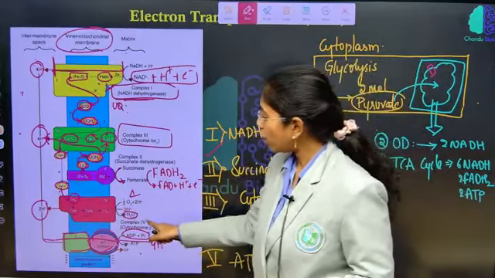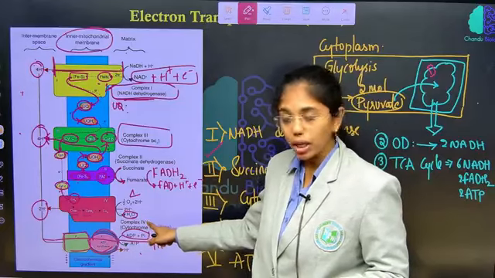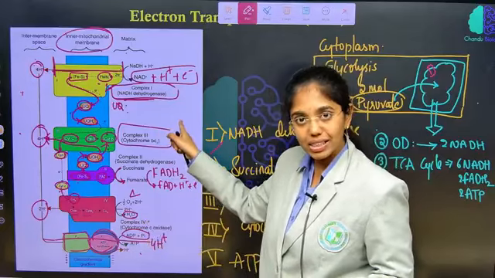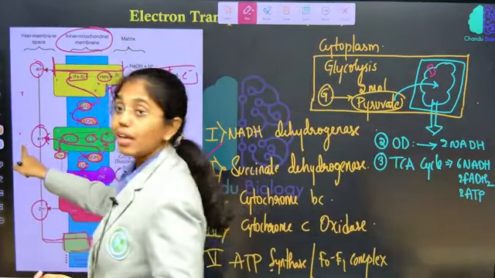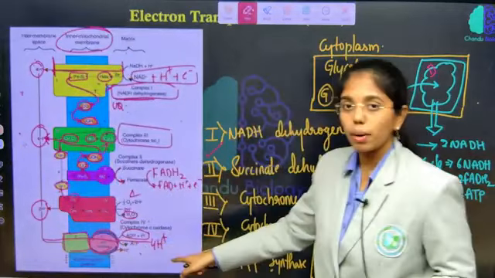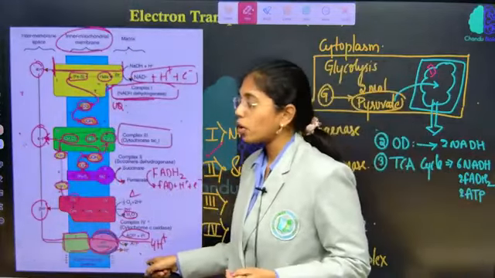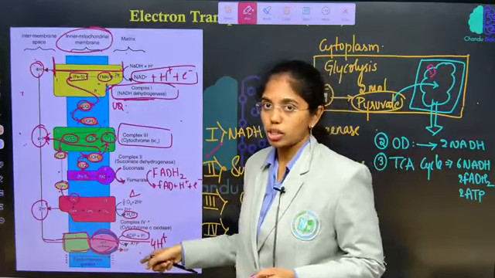By the end of the 4th complex, you have to know the proton gradient which is generated: deficient of protons on the matrix side, and high proton concentration in the intermembrane space. Thereby, the protons are pumped from intermembrane space to mitochondrial matrix. At the end, ATP is being synthesized.